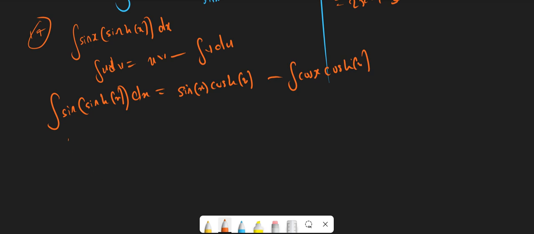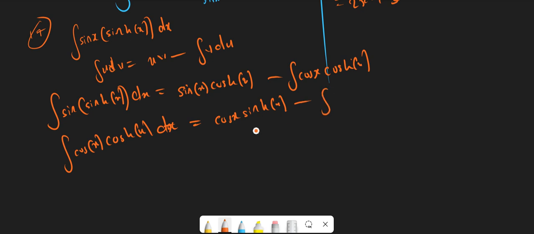The integral of cosine of x times sinh x dx will become cosine of x times sinh x, minus, or rather plus, the integral of sine of x times sinh x.